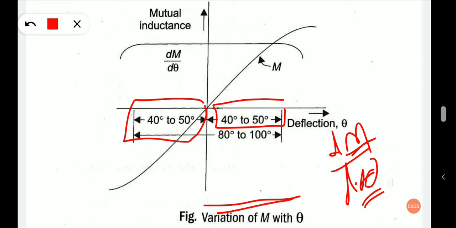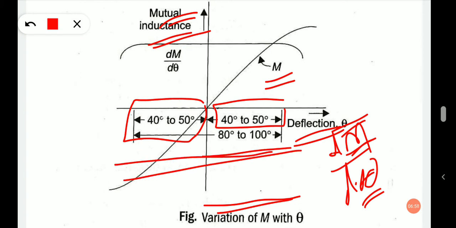Now here you can see M, mutual inductance, on the y-axis, and deflection theta on the x-axis. To cover this entire scale range, the position of zero mutual inductance is kept at its center, thereby making it uniform for a range of 80 to 100 degrees.